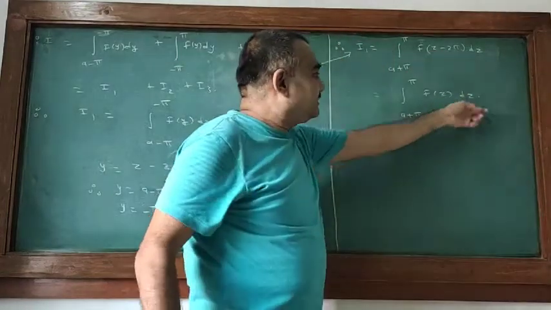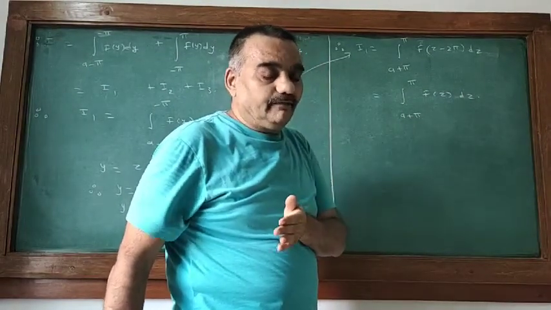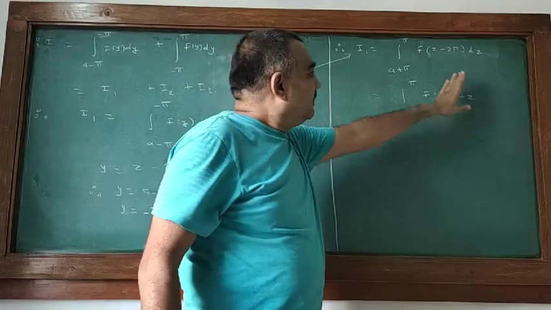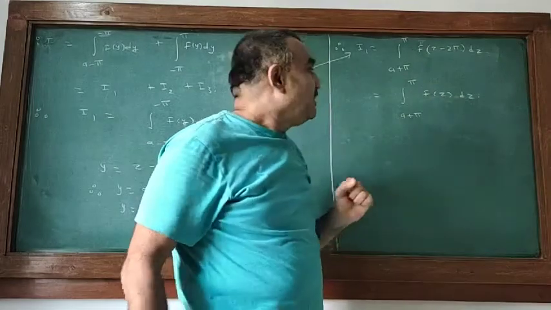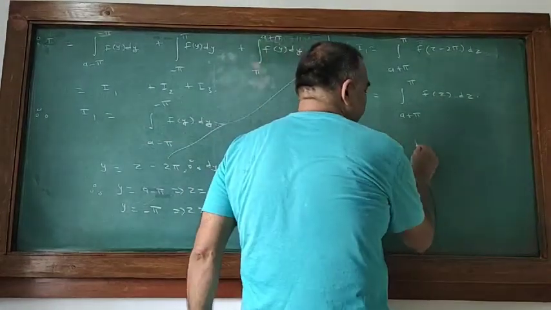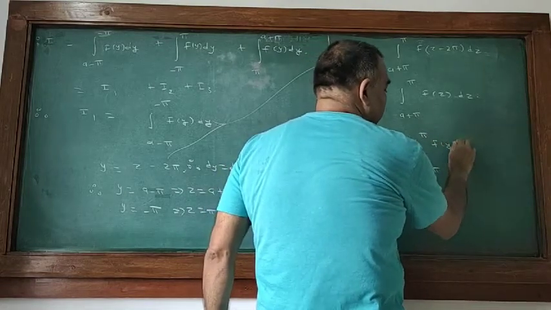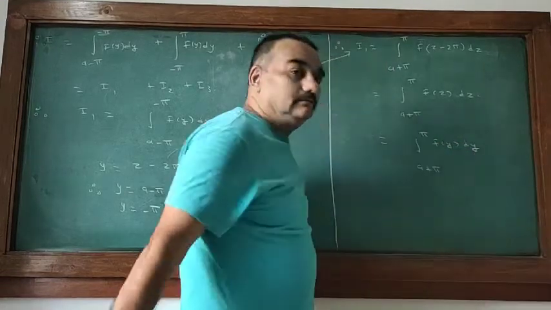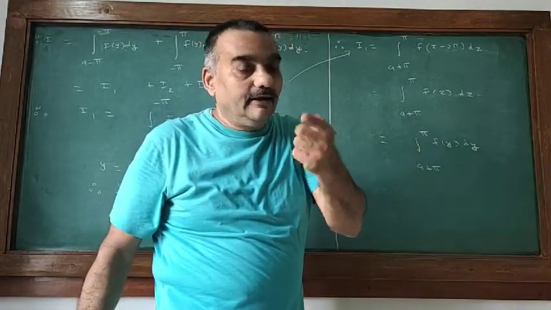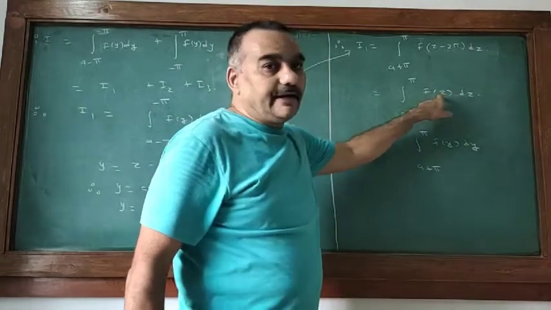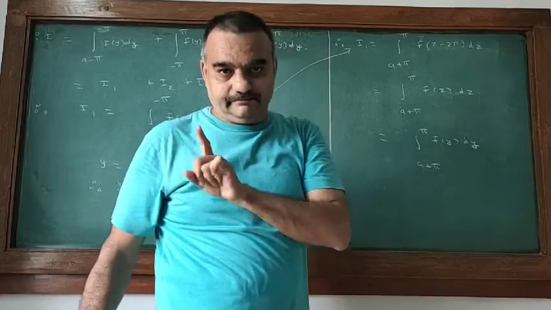This is f of z dz. Why? The cause is that the function is periodic with period 2 pi, meaning they have the same value. Now we change z to y. As I said earlier, if we change the variable everywhere in the definite integration, the value will remain the same. Clear?